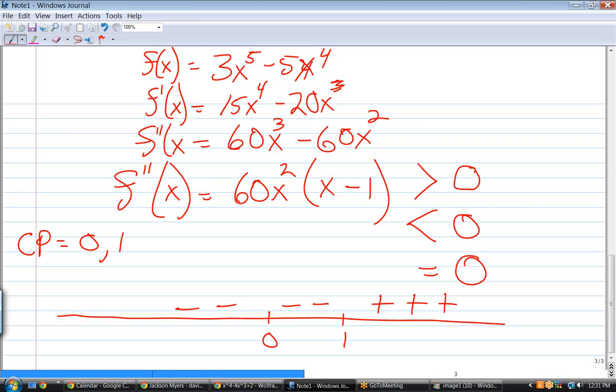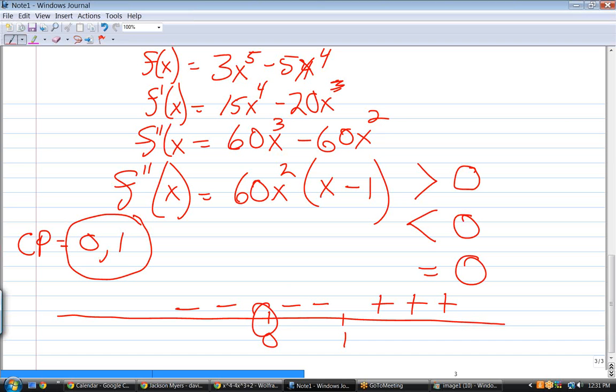Okay. So it's greater than 0 when it's greater than 1. It's less than 0 when it's less than 1. And it's equal to 0 at both of these critical points. So I would expect inflection points. But there's a problem. How can there be an inflection point right there?